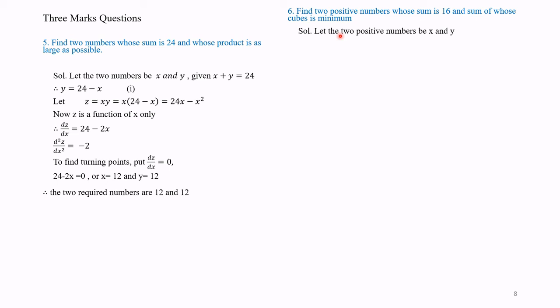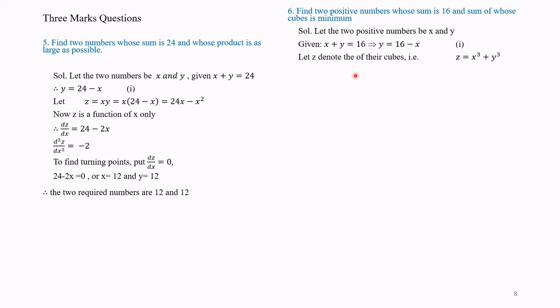So, let the two positive numbers be x and y. x plus y is equal to 16. It is given, sum is 16. Therefore, y is equal to 16 minus x. Let this be equation 1.